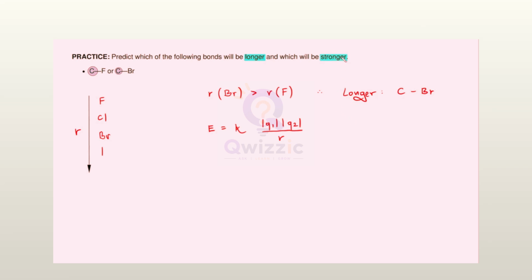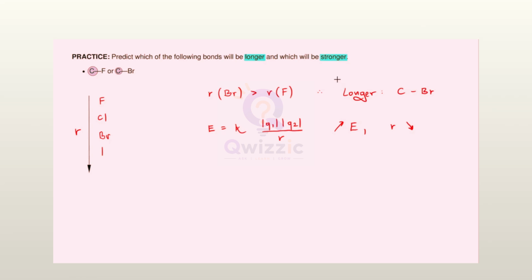Because we're looking for a stronger bond, and because energy is inversely proportional to distance, we can say that a stronger bond, which will correspond to a higher bond dissociation energy, must have a lower distance between the two charges. Or, simply speaking, a shorter bond.